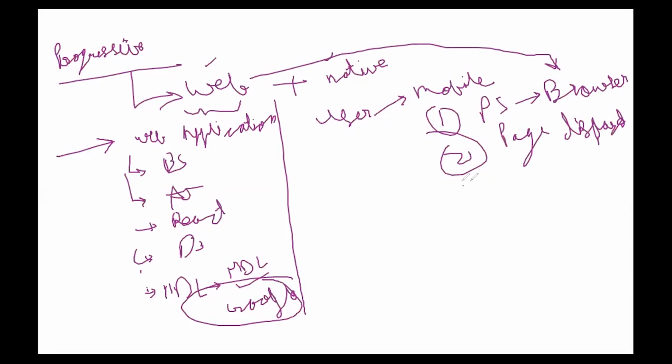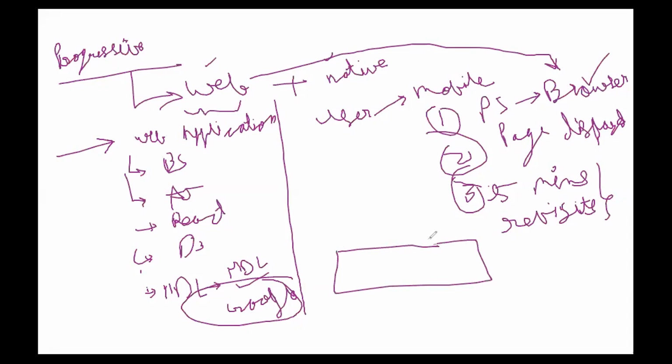Now, the third thing: the user, after an interval of 5 minutes, revisits your web page. That means the user has come back. Now your intelligent browser is going to show him a pop-up saying add to home screen.